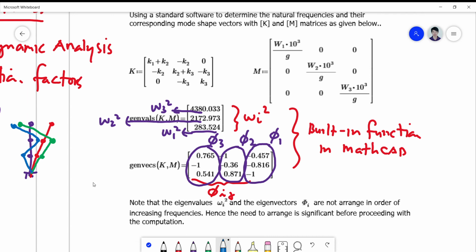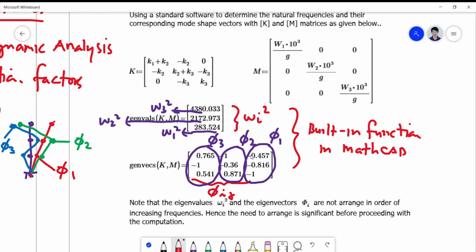So these are the three modes of vibration. This is now your phi 3, the green one is your phi 2, and the red one is your phi 1.